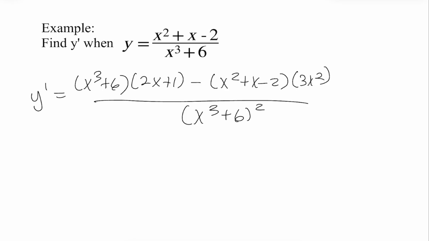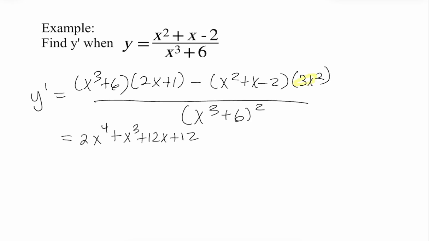Okay, now for us to actually do this, let's actually FOIL out everything we can. So I'm going to multiply these two. So I'm going to get 6x to the 4th plus, no, I made up 6. It's 2x to the 4th plus x cubed plus 12x plus 12.